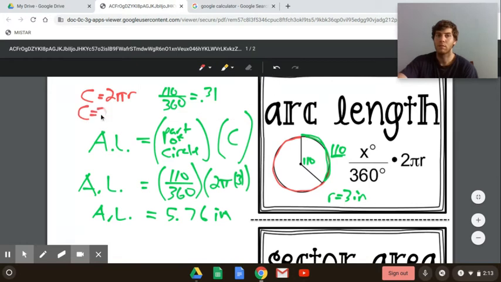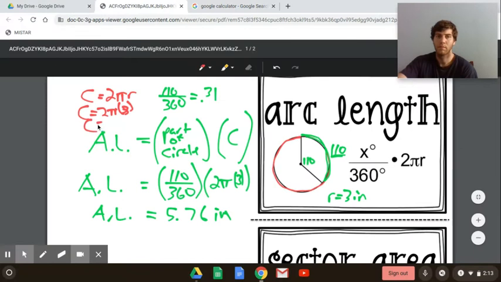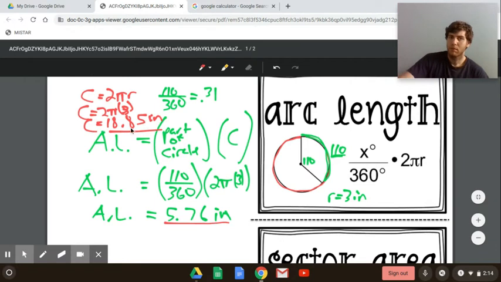If we find the circumference, that would be 2 times pi times 3, so 6 pi, which is 18.85 inches. We notice our arc length is about 31% of 18.85.